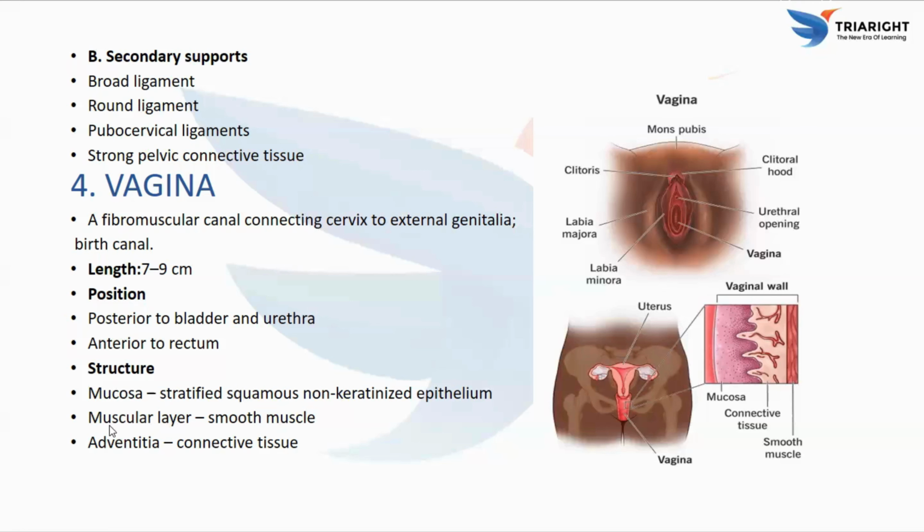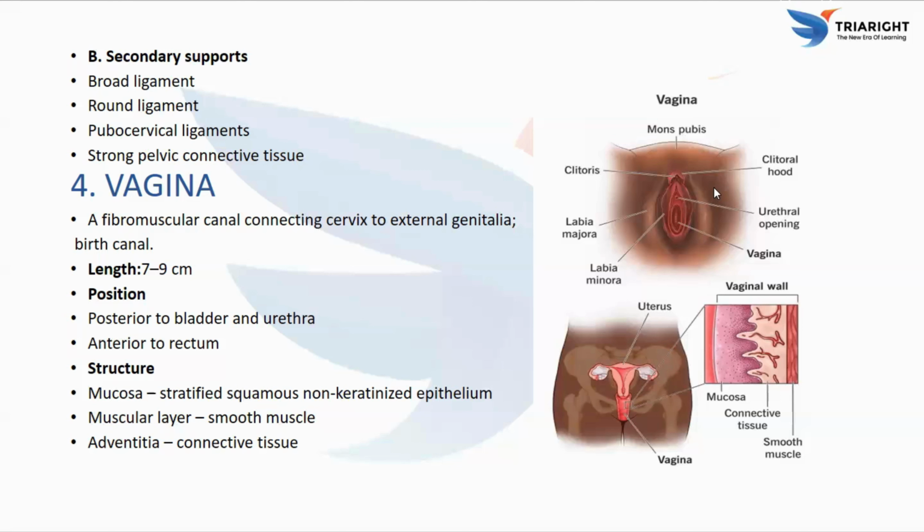The second layer is the muscular layer, which is smooth muscle. It allows expansion and contraction, and also helps during childbirth to open and stretch. And adventitia is the outer layer, made up of connective tissue. It anchors the vagina to the surrounding organs and provides structural support.